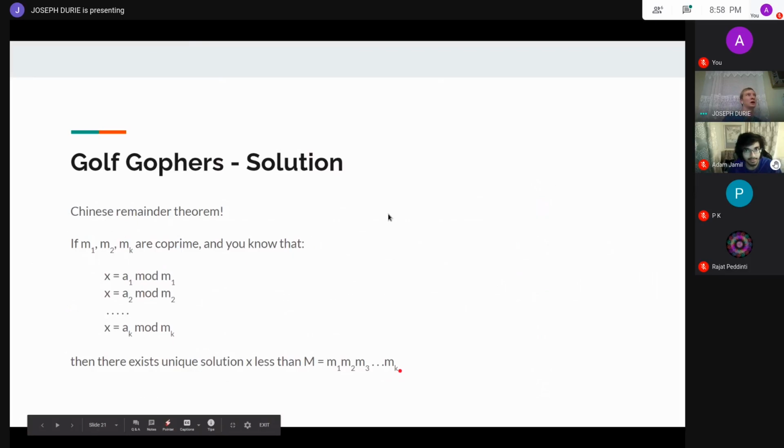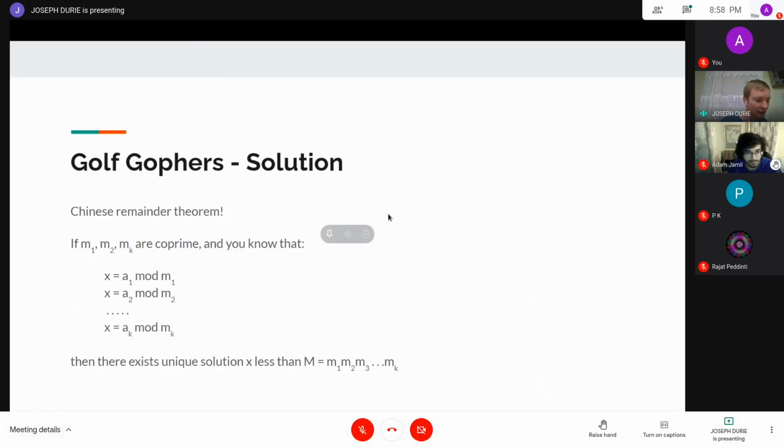So if you know x mod 3 and x mod 5, then there's a unique solution for x less than 15.